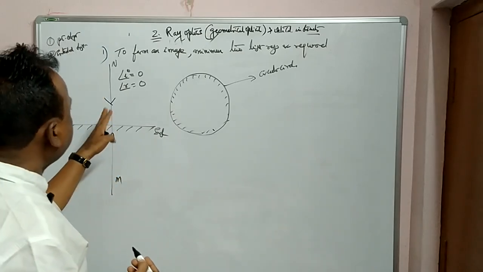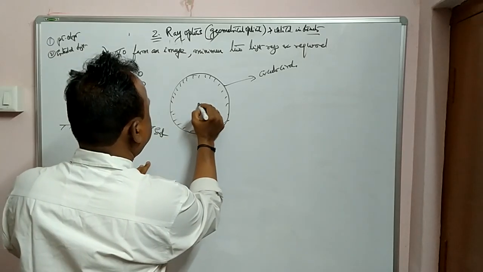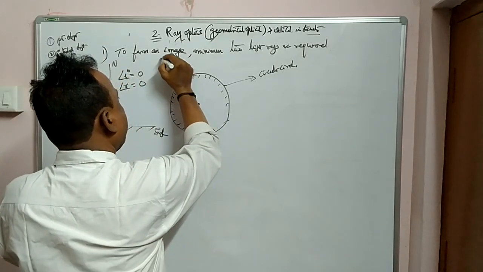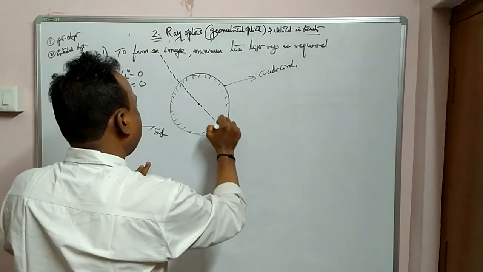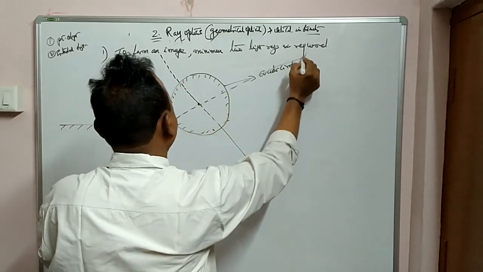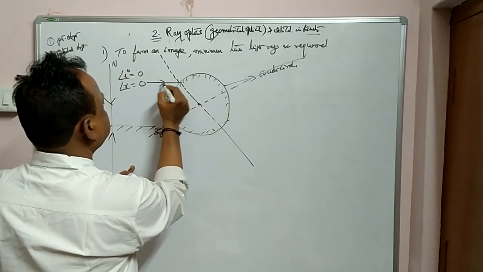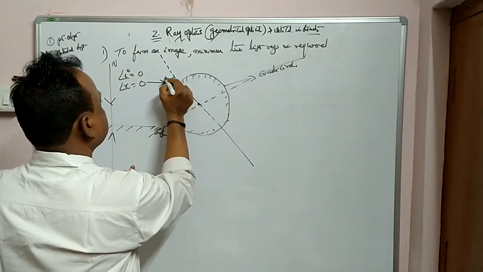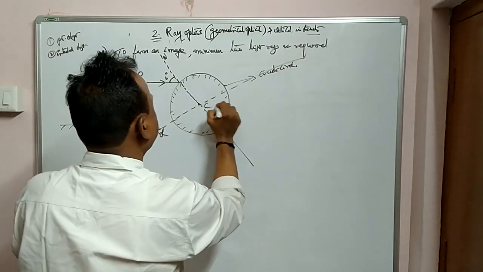Okay. Now coming to this surface, for any spherical surface, the normal will be from the center. Normal line always be from the center for any spherical surface. For example, this is the angle of incidence. This is the normal from the center of the circle.